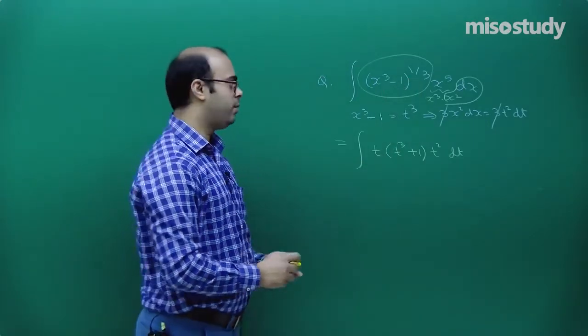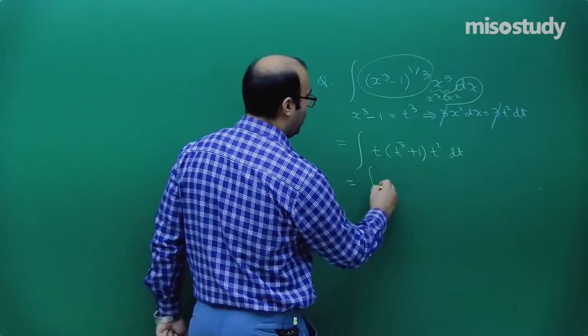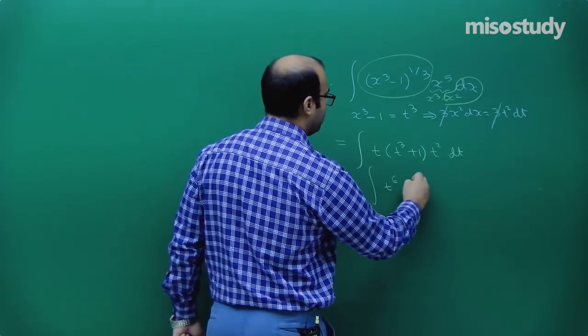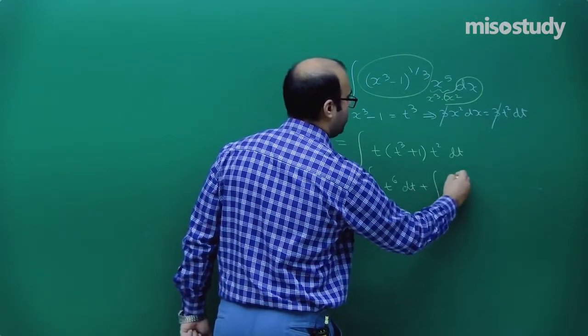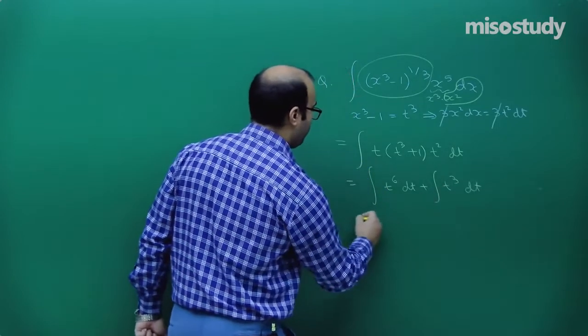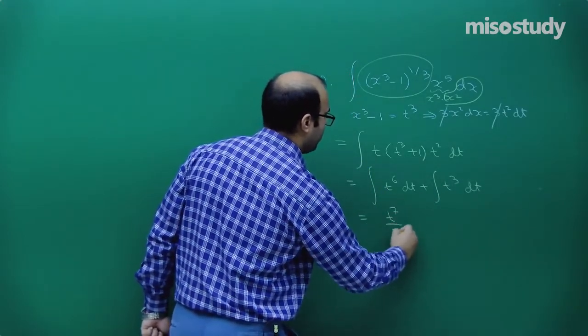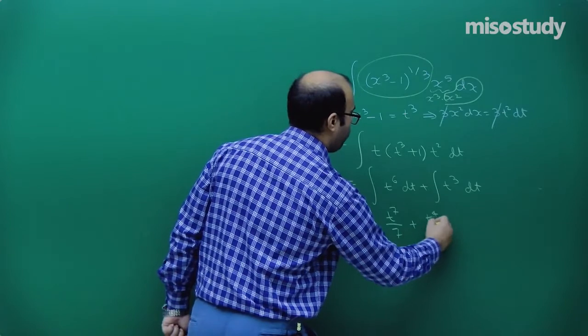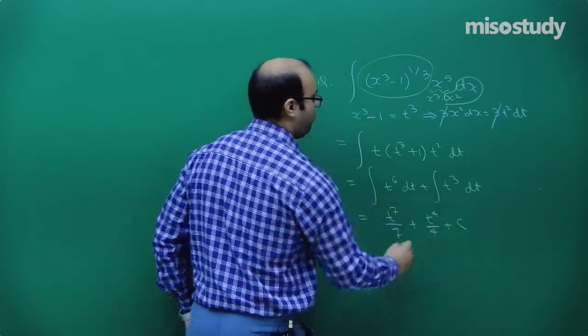Next will be the integral of t to the power 6 dt plus the integral of t cube dt, which is equal to t to the power 7 by 7 plus t to the power 4 by 4 plus constant of integration.